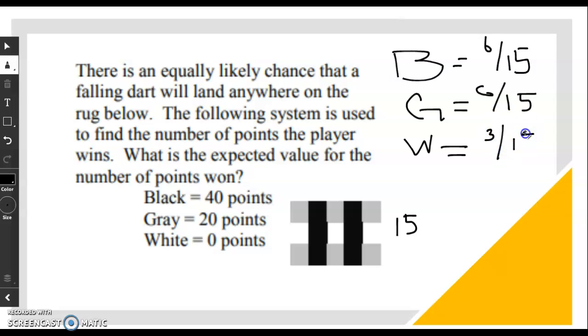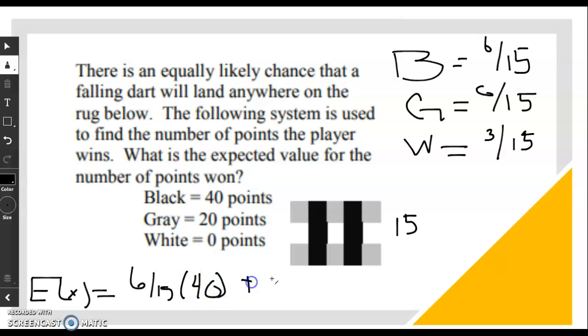So then for my expected value, I would get 6 out of 15. The amount of points that I get for black would be 40, plus the probability of gray is 6 out of 15, and the amount of points I get is 20.